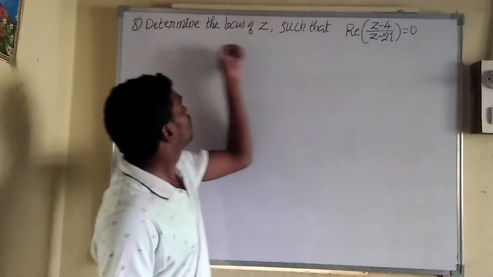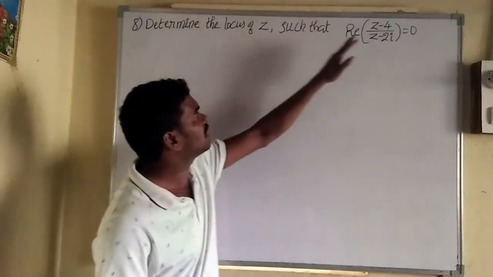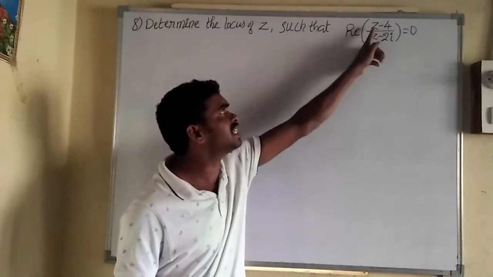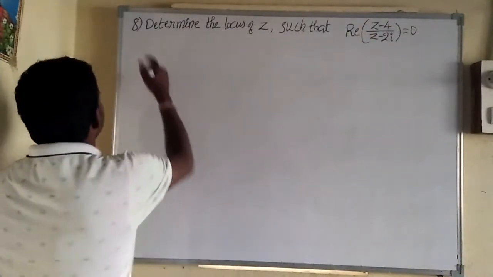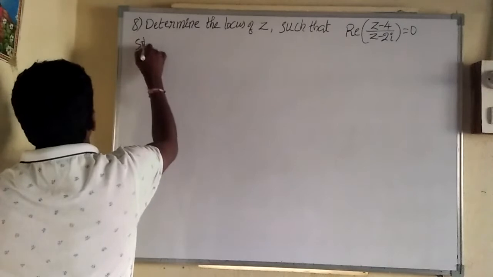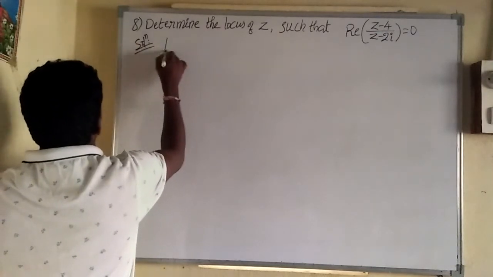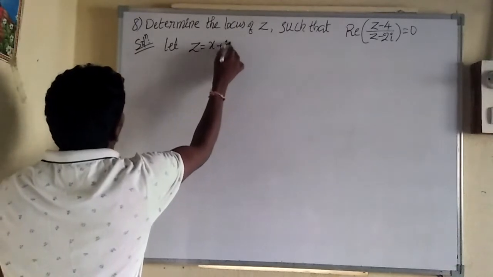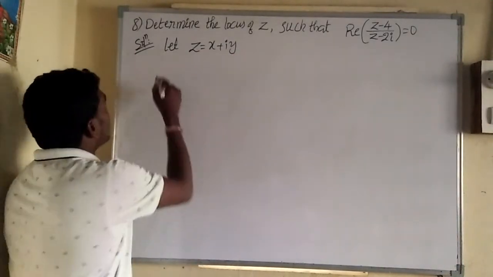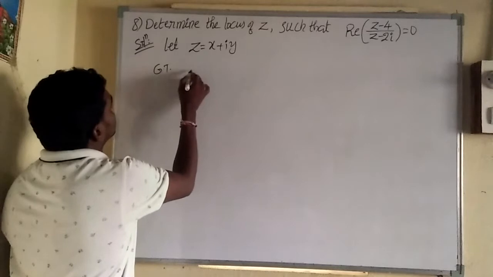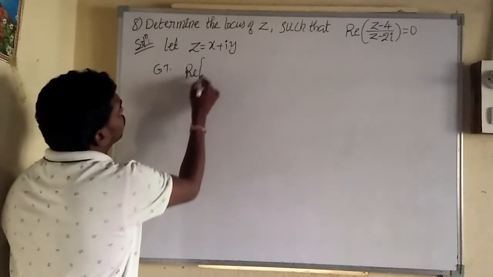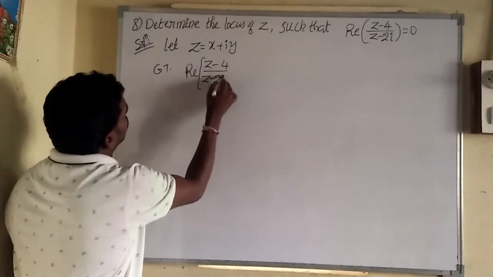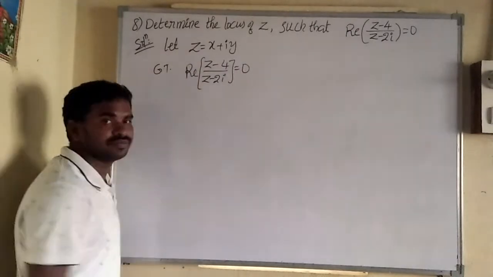First of all, to find the locus of z, given that real part of z minus 4 by z minus 2i equals 0, in this what is z? Z is a complex number. That is, let z equal x plus iy. And given that real part of z minus 4 by z minus 2i is equal to 0.